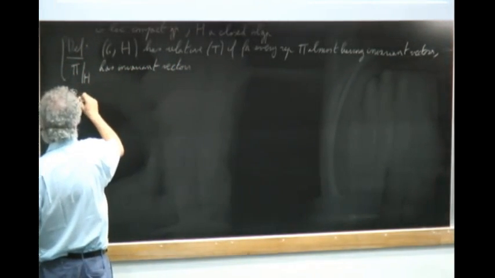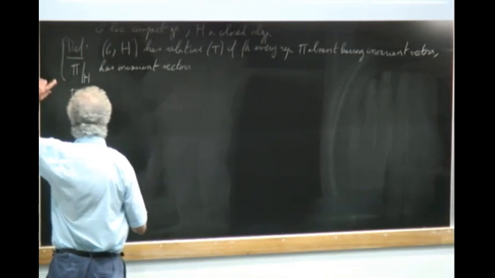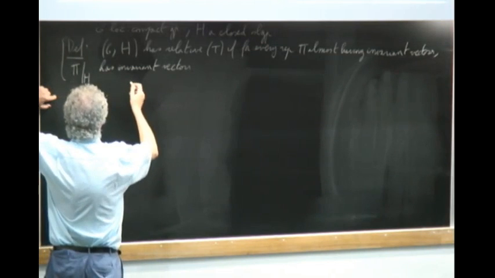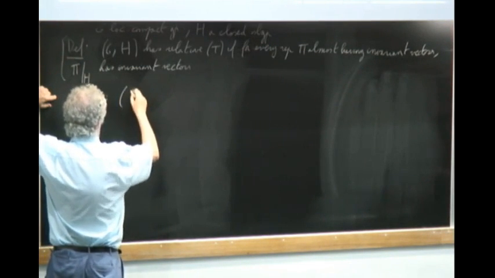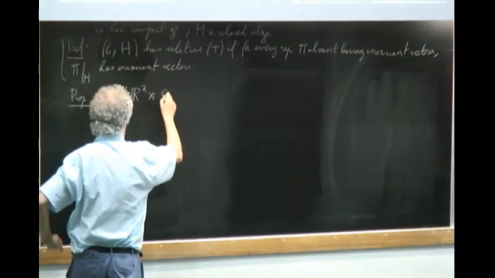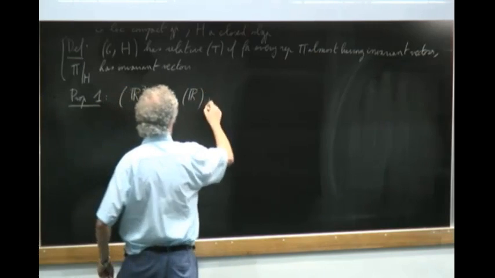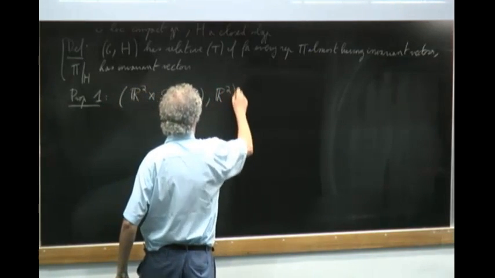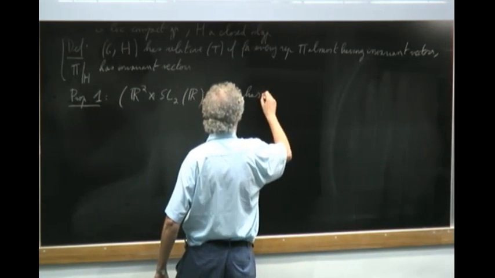And okay, so I will need two propositions. The first one is the fact that the pair consisting of the semi-direct product R2 with SL2R has relative T with respect to the normal subgroup R2.